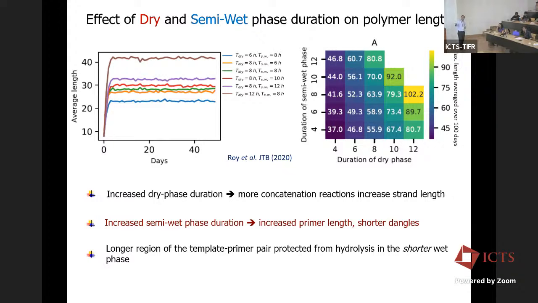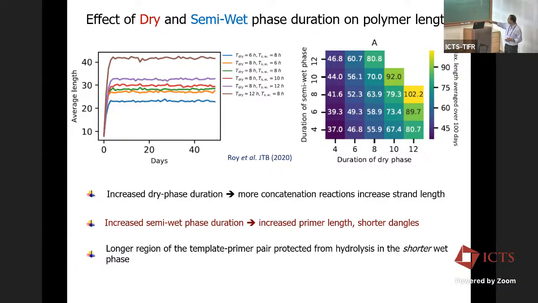You can have the same duration of all the 3 phases, which is this green curve here, and if you have the same duration of the 3 phases, you will get average lengths less than 30.